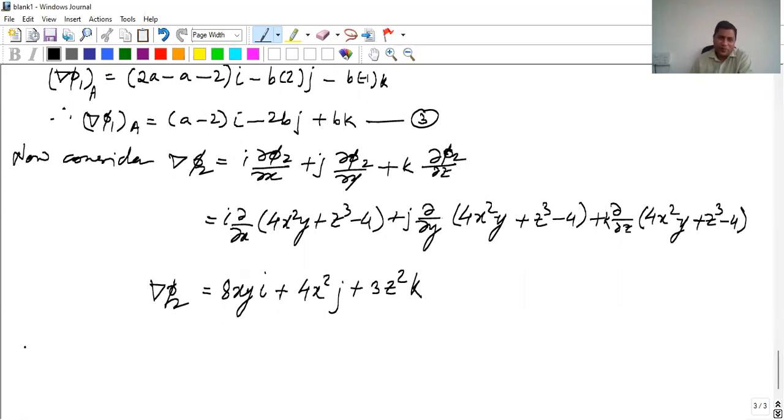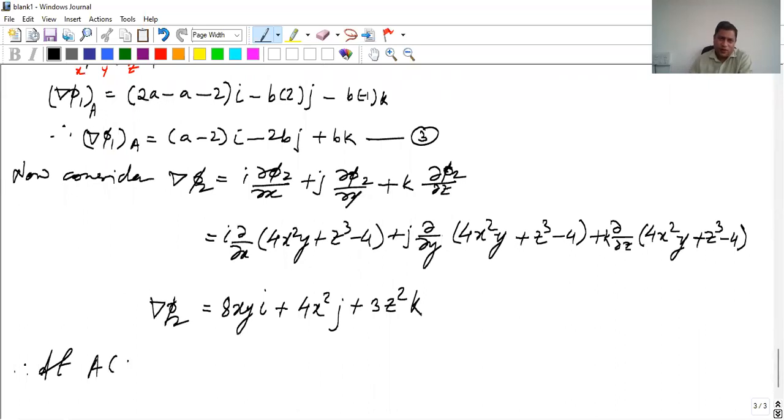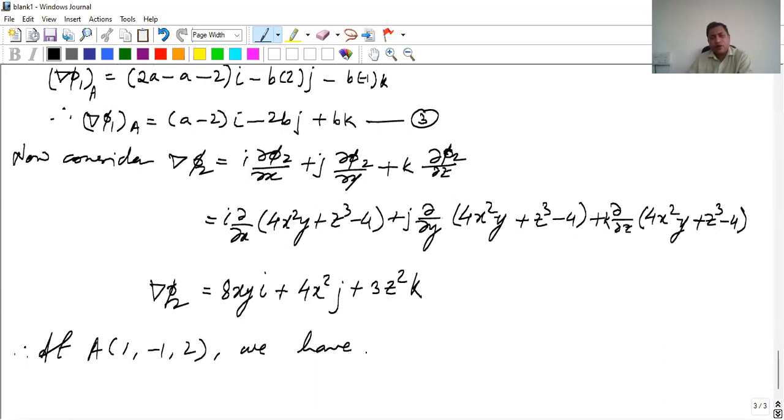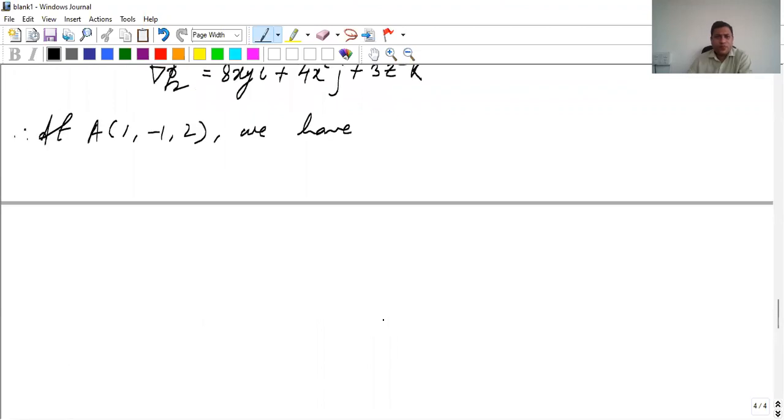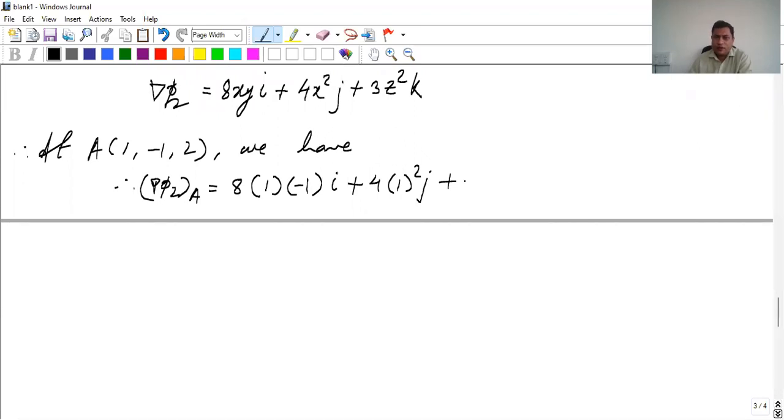Yes, sir. Now at A, again it is (1, -1, 2). So del phi 2 at A is equal to 8xy i plus 4x square j plus 3z square k.